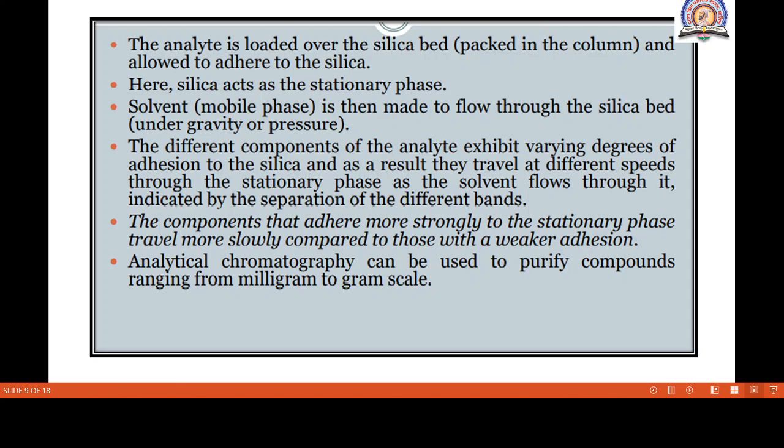The different components of the analyte exhibit varying degrees of adhesion to the silica, and as a result they travel at different speeds through the stationary phase as the solvent flows through it, indicated by the separation of different bands. The components that adhere more strongly to the stationary phase travel more slowly compared to those with weaker adhesion. Analytical chromatography can be used to purify components ranging from milligram to gram scale.